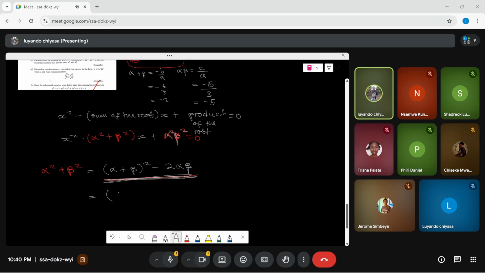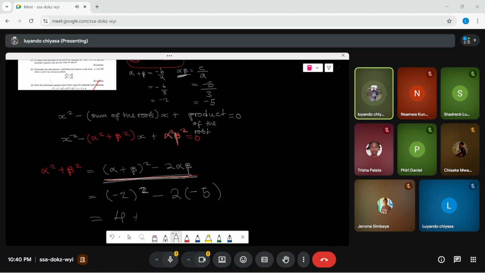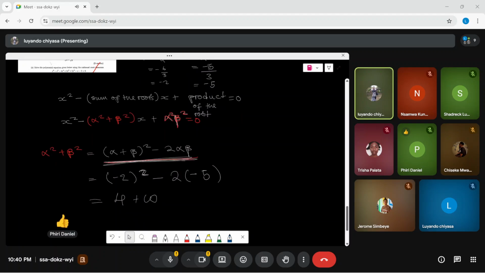Alpha plus beta is -2, and we have a square there, so -2 squared. And we already found alpha times beta, which is negative 5. So this will be equal to 4 plus 10, so this is 14.